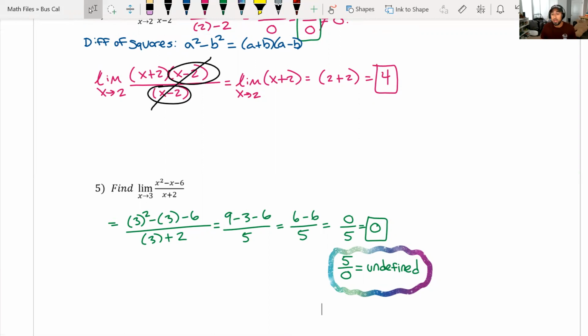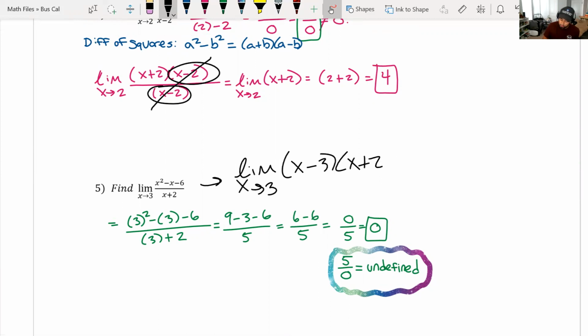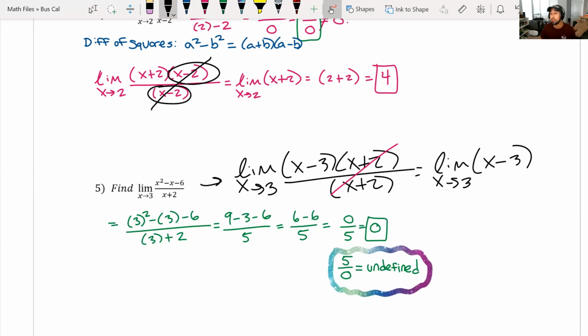Okay, cool. And again, this one definitely could be factored. If I factored this one, you'd have the limit as x approaches 3 of x minus 3 times x plus 2 over x plus 2. Your x plus 2's would cancel, giving me the limit as x approaches 3 of x minus 3.